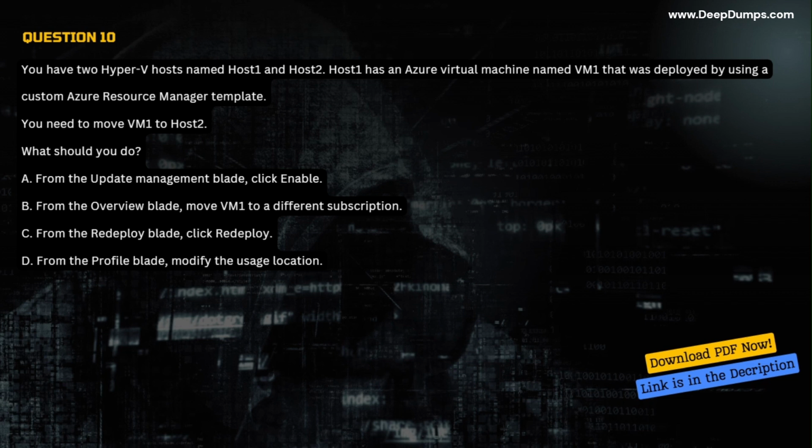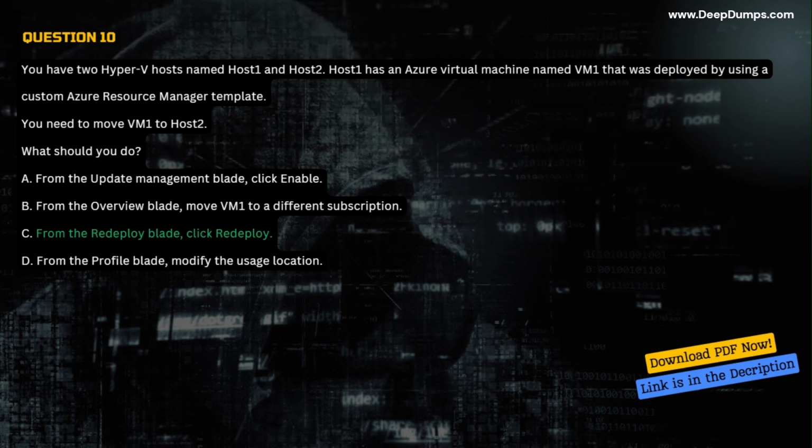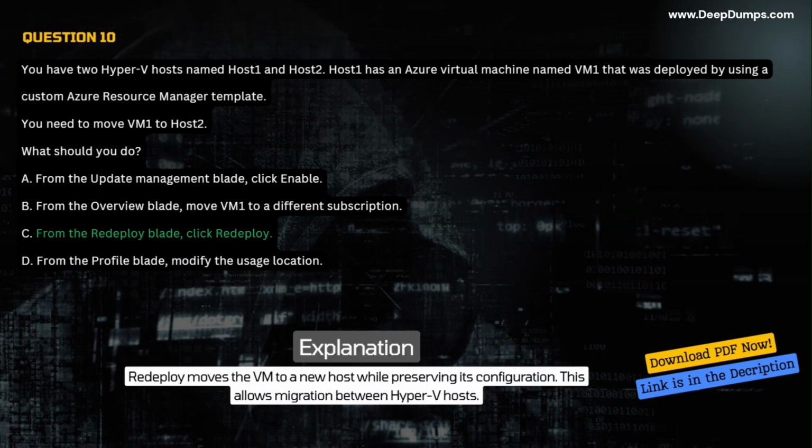C. From the Redeploy blade, click Redeploy. D. From the Profile blade, modify the usage location. Correct answer, C. From the Redeploy blade, click Redeploy. Explanation: Redeploy moves the VM to a new host while preserving its configuration. This allows migration between Hyper-V hosts.